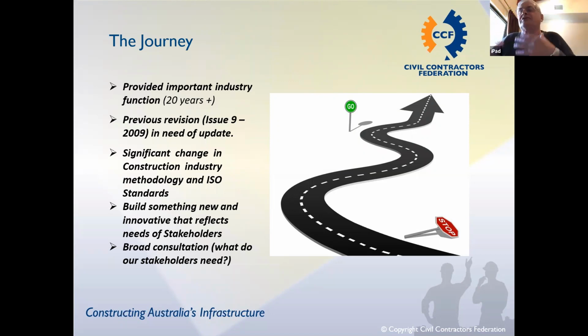Stakeholders keep changing what their needs are, so we need to be conscious of that and try and maintain and keep up to date with their requirements too. So broad consultation, that's what happened with the key stakeholders, just to make sure that we're on the right path. So what we've got here in issue 10 code is what the client and the stakeholders and yourselves required through this consultation process.